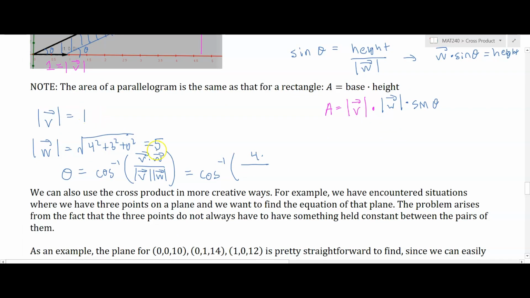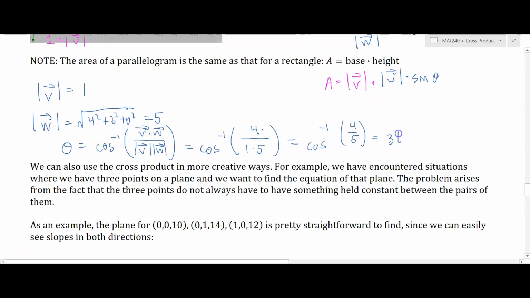We already have those. That's 1 times 5. And so that's going to be the arc cosine of 4/5, which equals about 36.87 degrees.